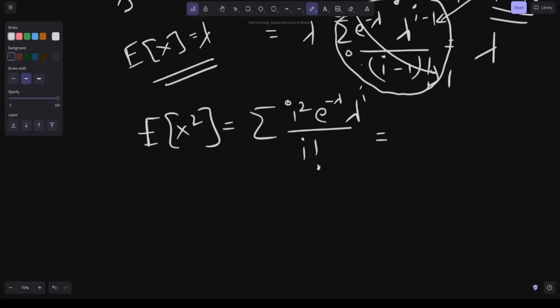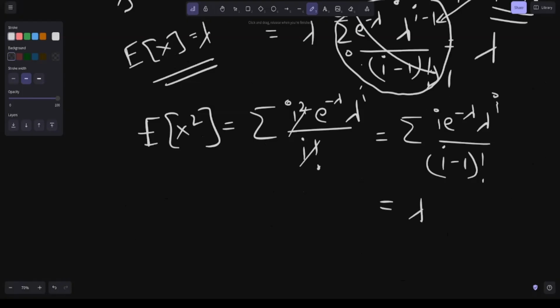Now of course you cut one i here, so this becomes the summation of i e to the power minus lambda, lambda to the power i by (i minus 1) factorial, right? So let's make this something like lambda times the summation of i, e to the power minus lambda, lambda to the power (i minus 1) by (i minus 1) factorial. We can do this.